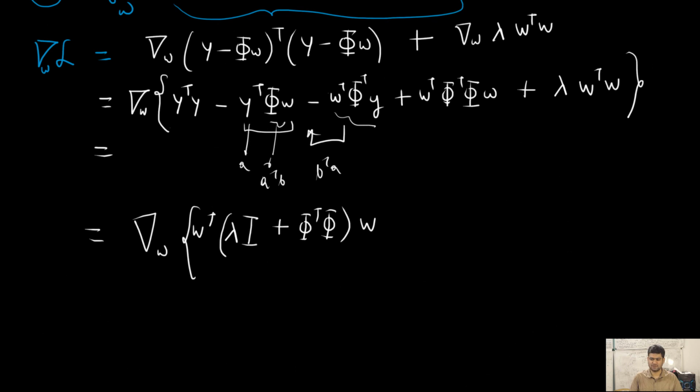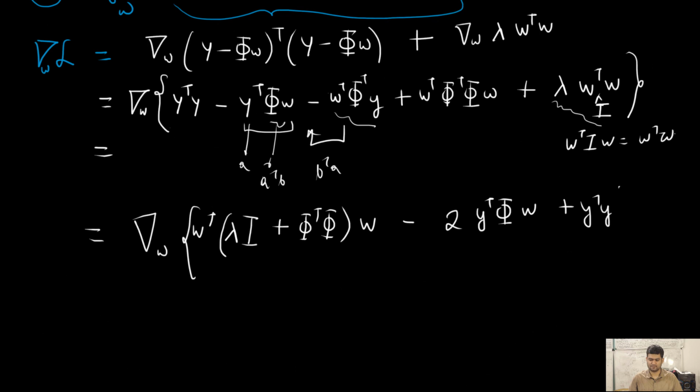We can just plug in an identity matrix here, right? So w transpose times I times w is just w transpose w. This is what we have done: we just replaced this by lambda I. We took lambda I and phi transpose phi common. This is w transpose (lambda I plus phi transpose phi) w minus twice y transpose phi w plus y transpose y.